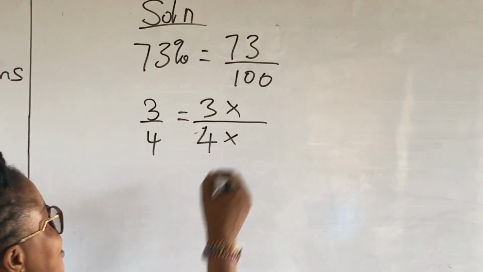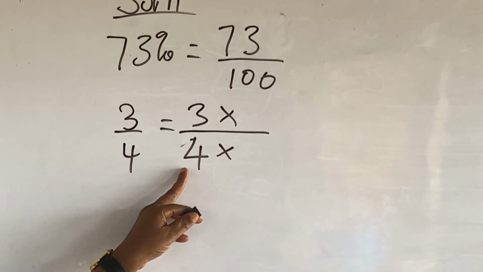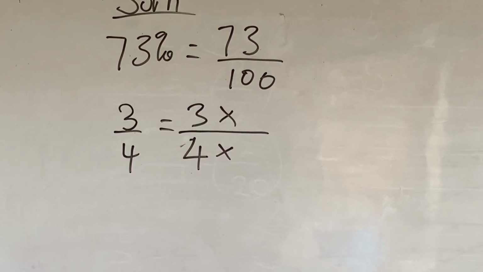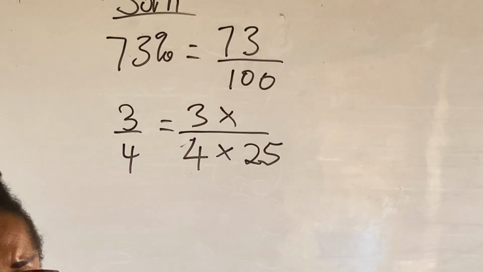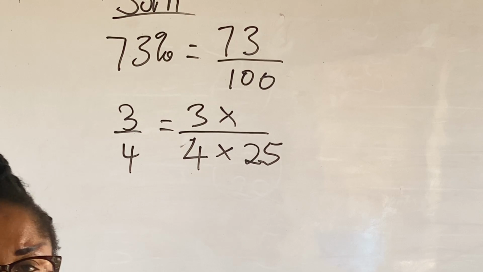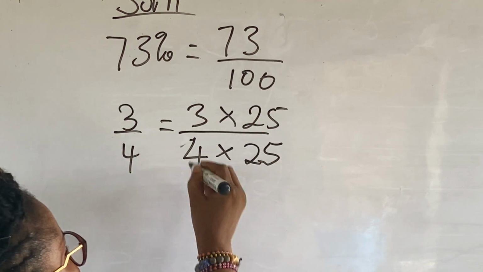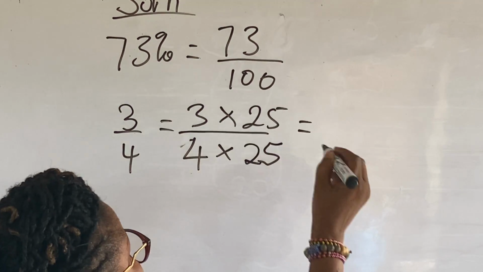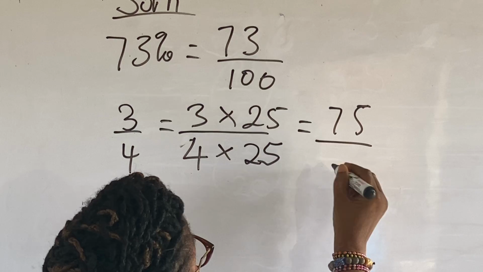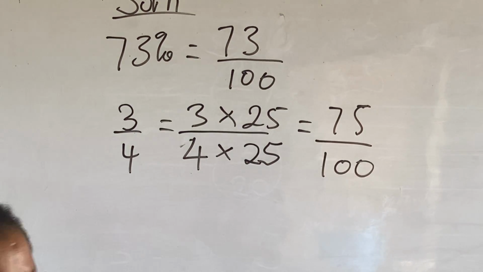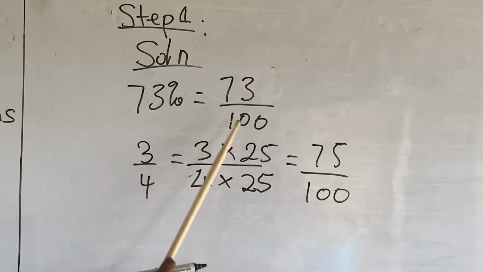Bring your multiplication sign. Ask yourself, what will I multiply 4 with to get 100? It is 25. So whatever you do to the denominator, do the same thing to the numerator. So it will be 3 times 25, 4 times 25, which is 75 over 100.